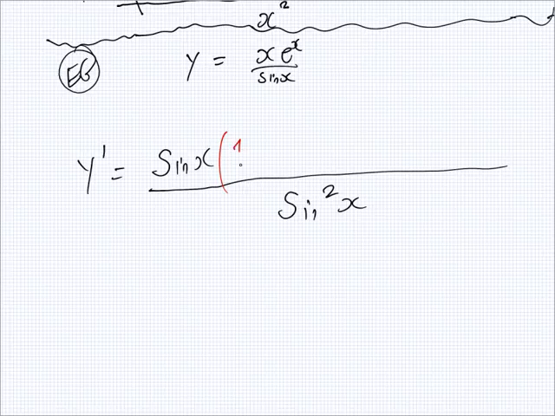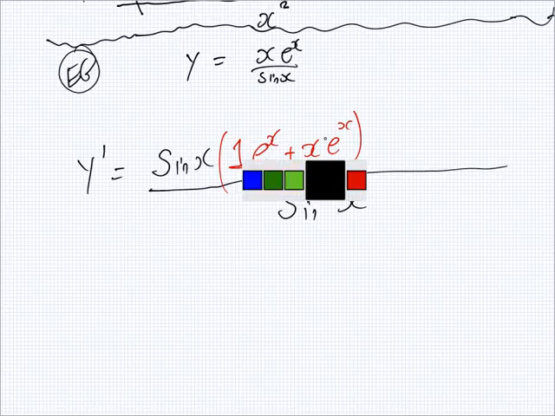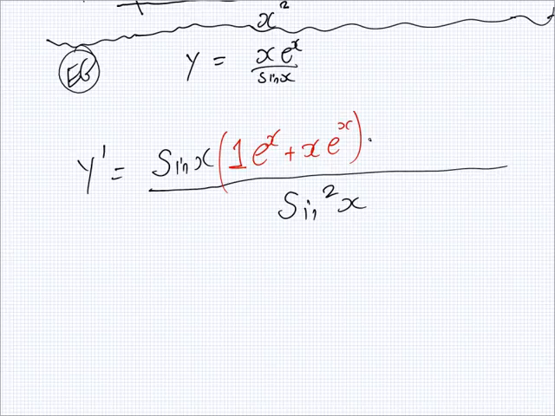So that would be 1 e^x plus x e^x. Now we return back to the quotient rule. So if you recall, it was bottom squared, bottom times derivative of the top. Next, what's next? Minus the top times derivative of the bottom, which is cos x. So this is the derivative here.